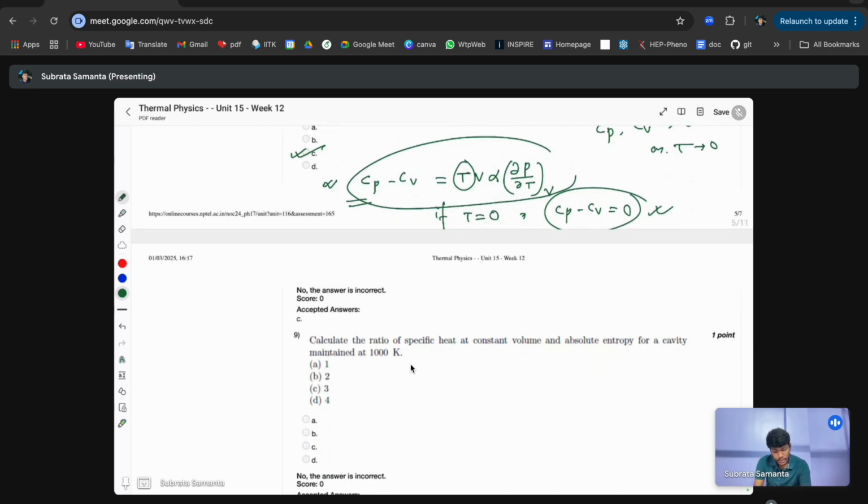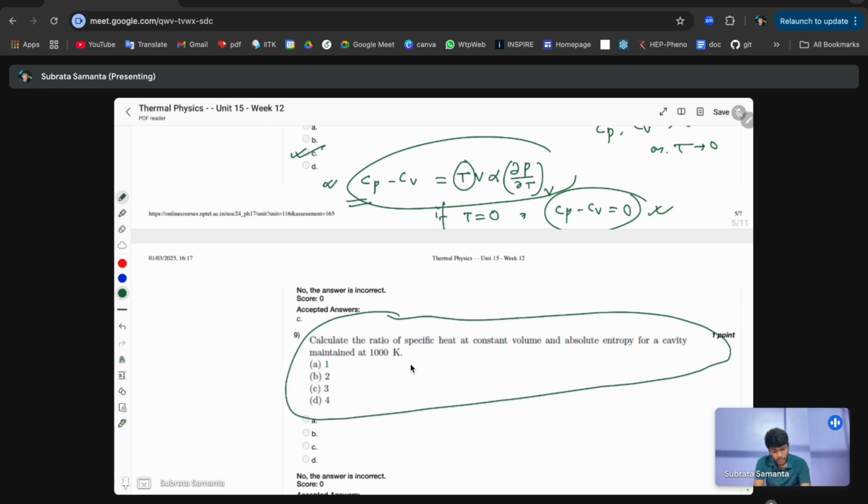So in problem number 9, calculate the ratio of specific heat at constant volume and absolute entropy for a cavity maintained at 1000 kelvins.